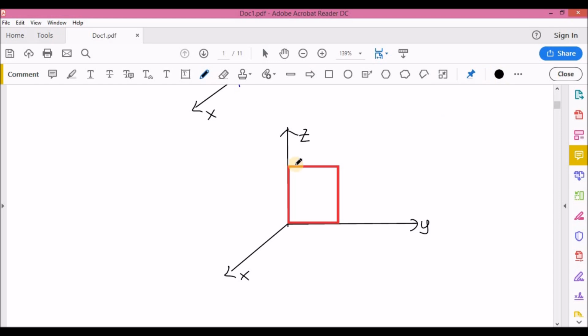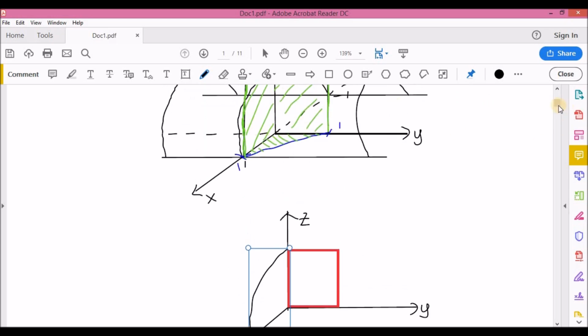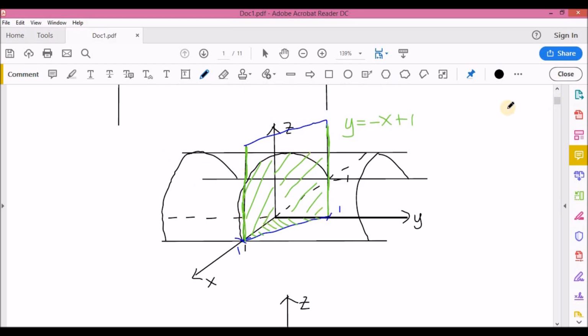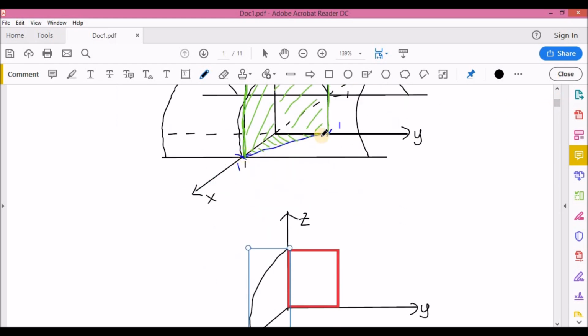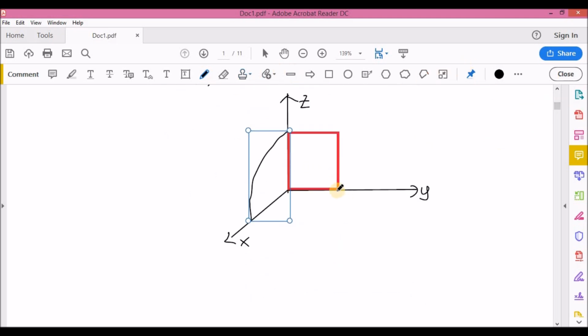So next you will have a curve, touching here. Since your plane is cut by the blue plane, you have to draw this line here, and this one you just connect to this point. So this will be the structure that you need to find the volume of.